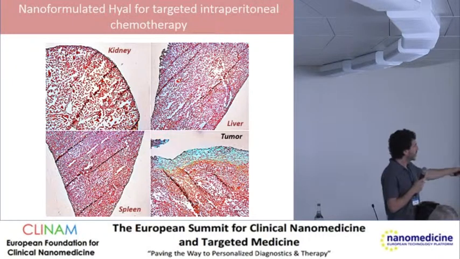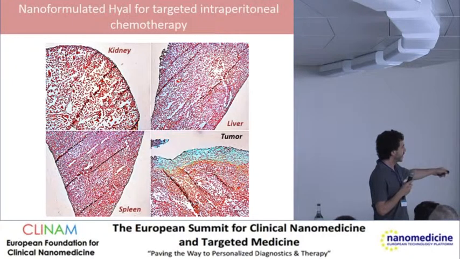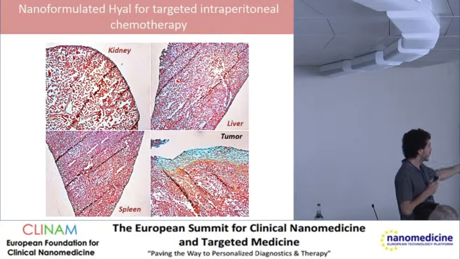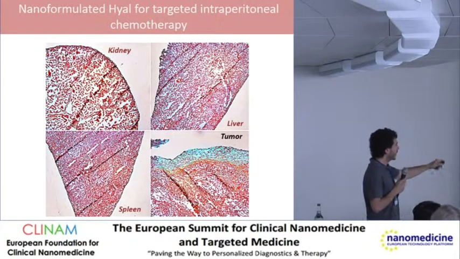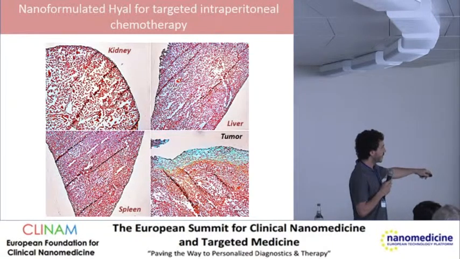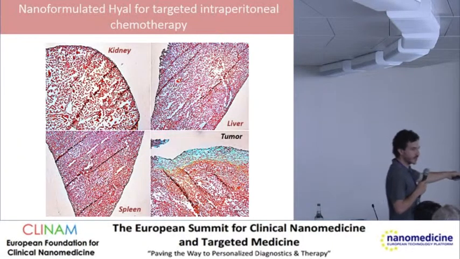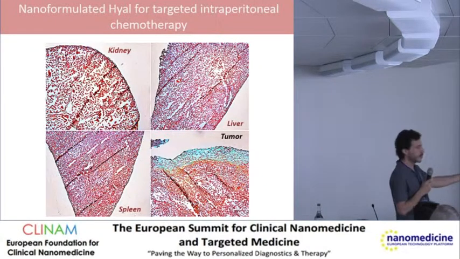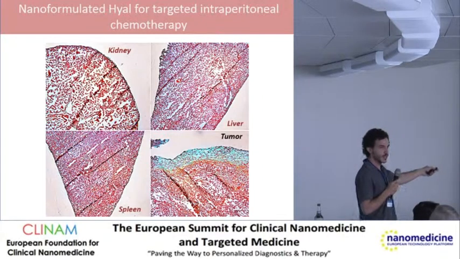What you see here are histological sections of kidney, liver, spleen, so the different organs, and the tumor. What you see in blue is the content of hyaluronic acid. So you see that it's a huge presence that is not there in the control organs.